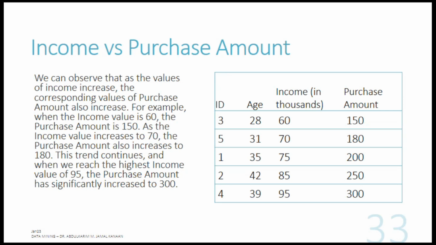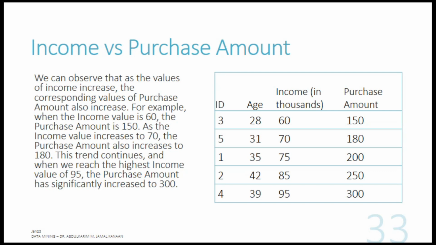So they're going in the same direction, like years of experience and salary. As years of experience increase, salary increases as well. As years of experience decrease, salary decreases as well. So they are going in the same direction, either upward or downward. It doesn't matter. As long as both of them are going in the same direction, we say it's positive correlation.